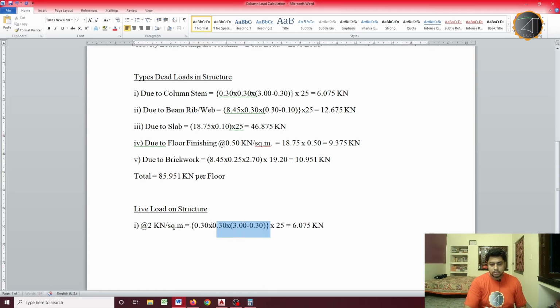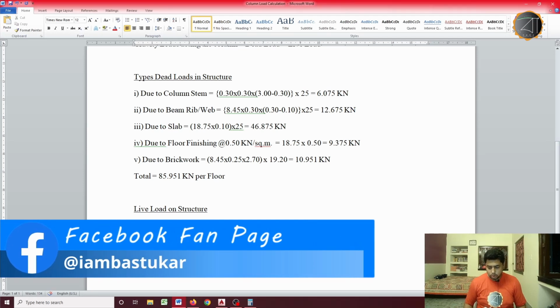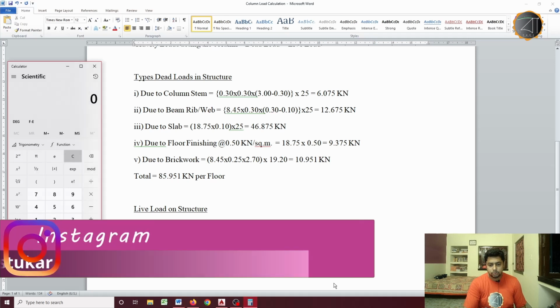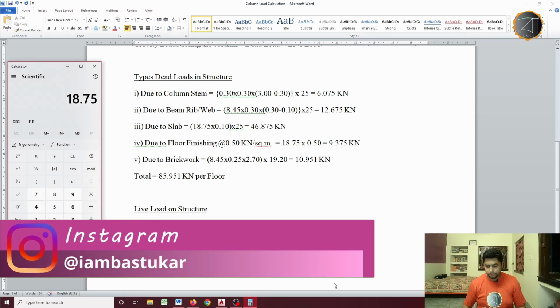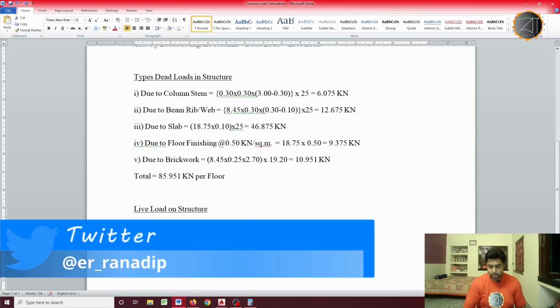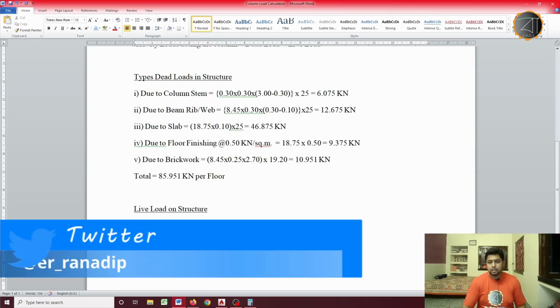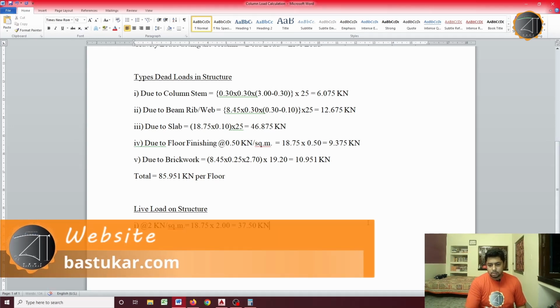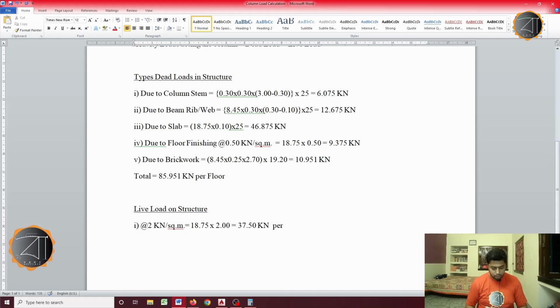So, we have to just multiply the influence area 18.75 what we have got already with 2.00. So, it will be 18.75 into 2, 37.5 kilonewton, right. Now, it is also for the per floor.